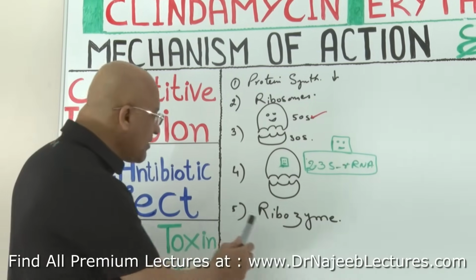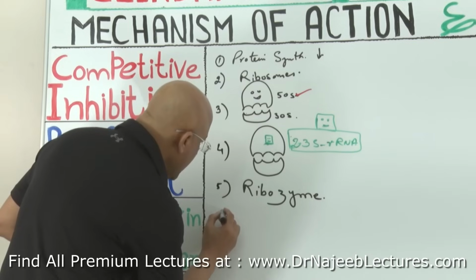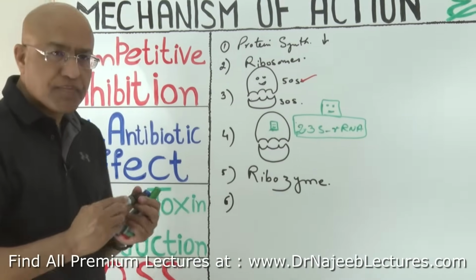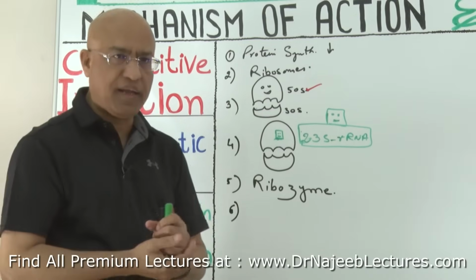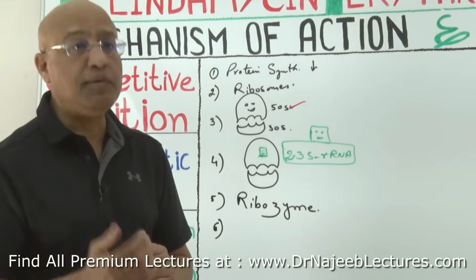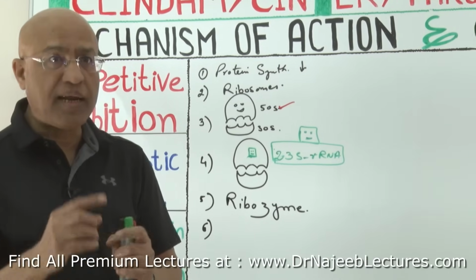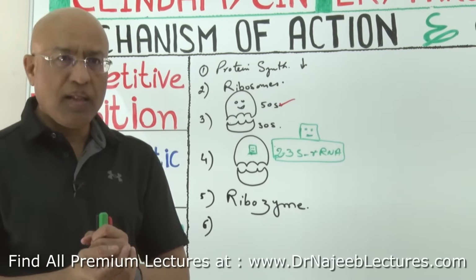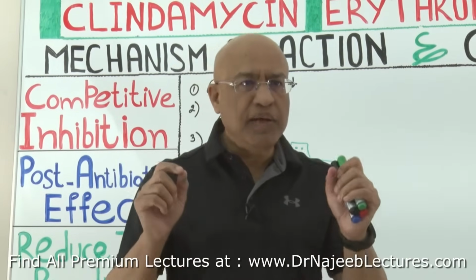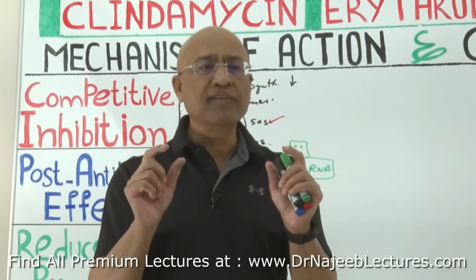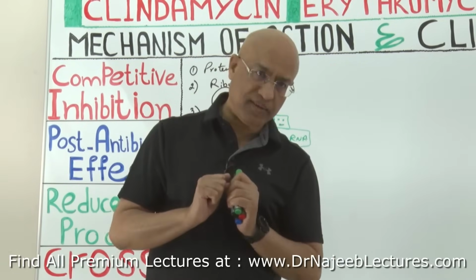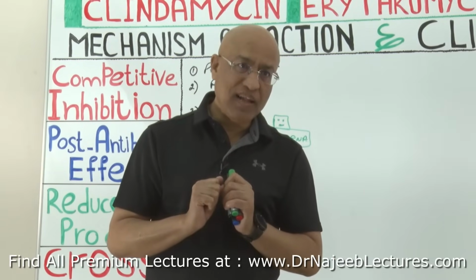Now, as I will explain within a few minutes, this ribozyme, 23S ribosomal RNA, functionally and catalytically makes a peptide bond between two amino acids, right?